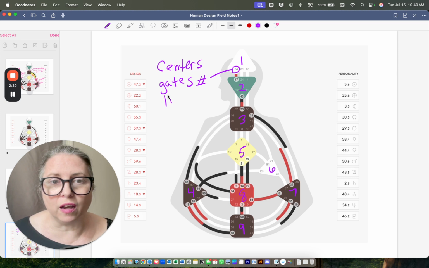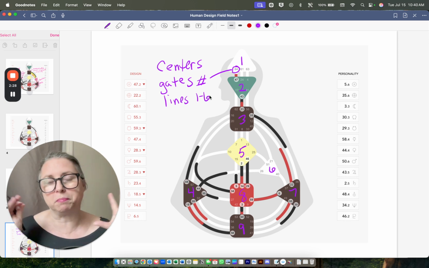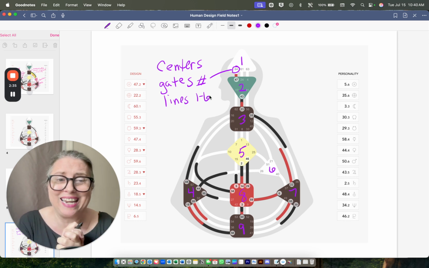Then there's lines, and the lines are 1 through 6. And then there's some other things, but I'm going to just go from this big picture view. So I want to walk you through how I see how these all get connected and make sense together.